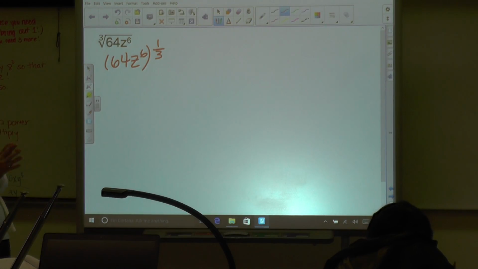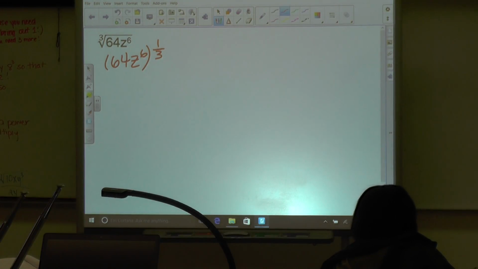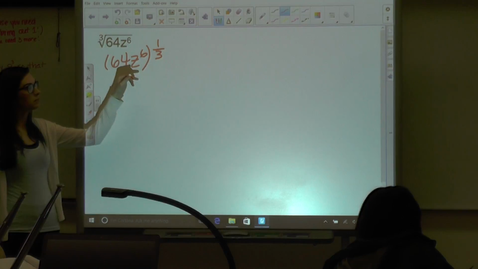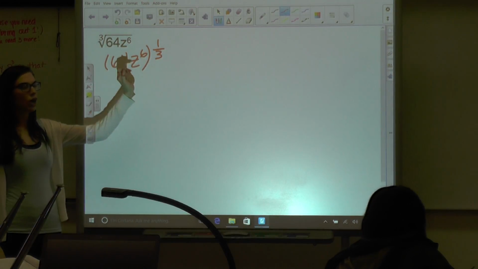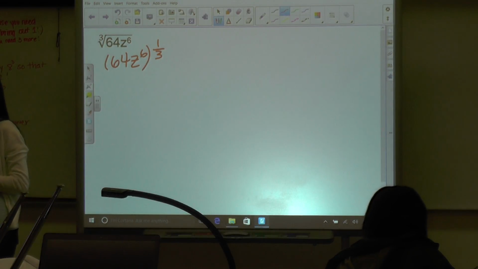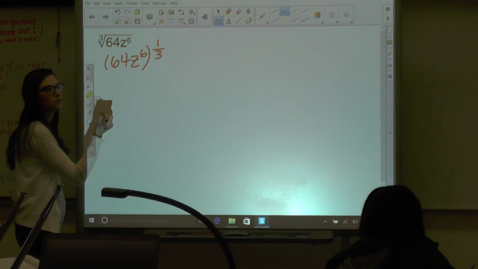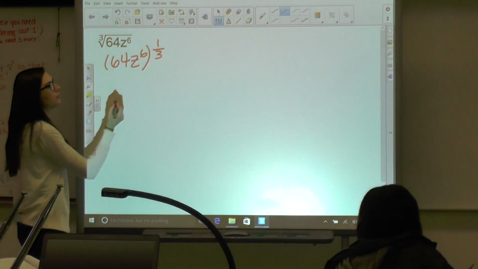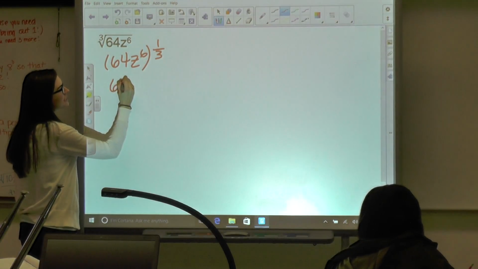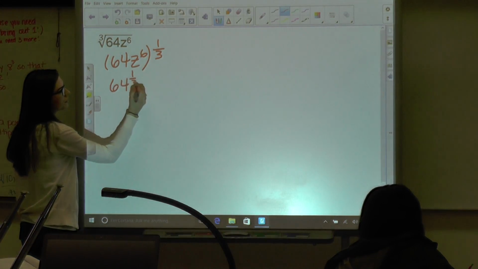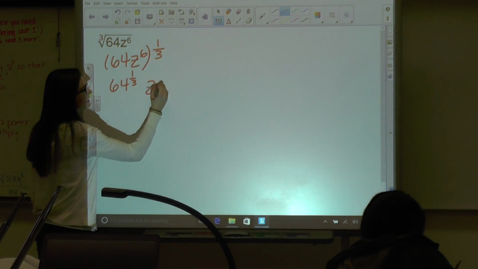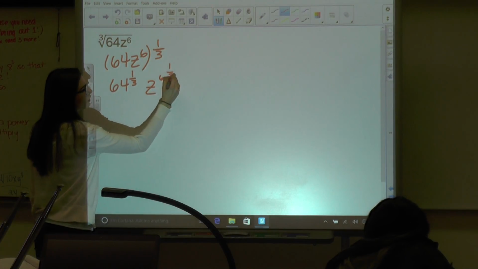This is a product to a power, because this is 64 times z to the power 6. So product to a power, share the exponent. So this is 64 to the power 1/3, as well as z to the 6th to the power 1/3.